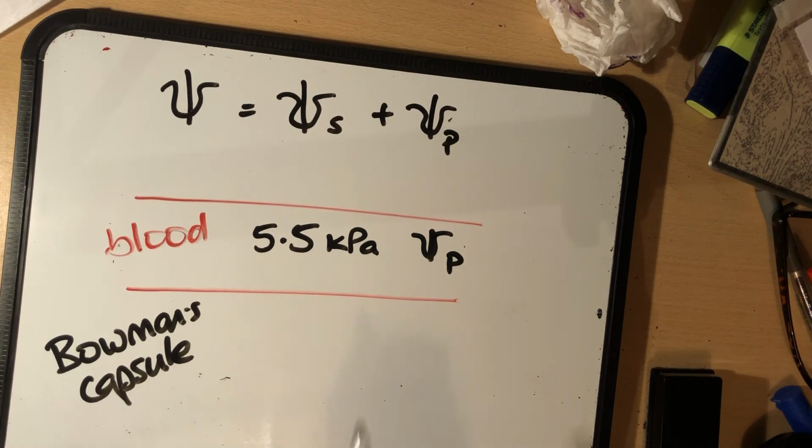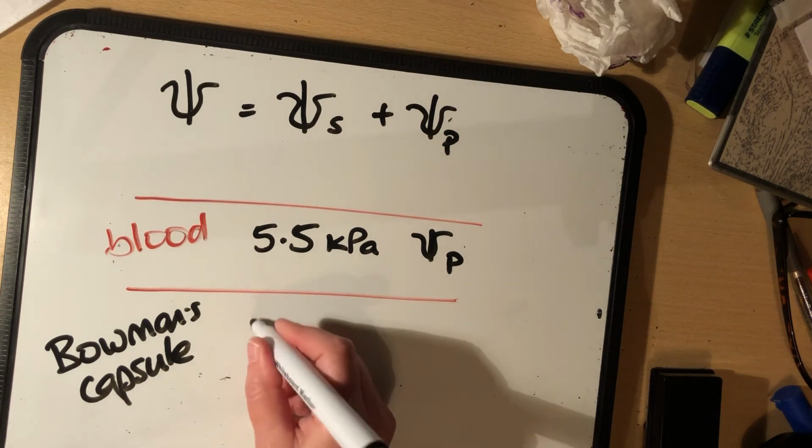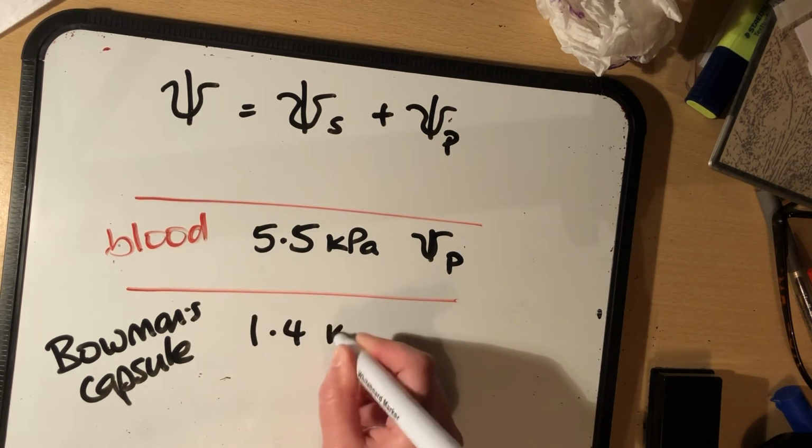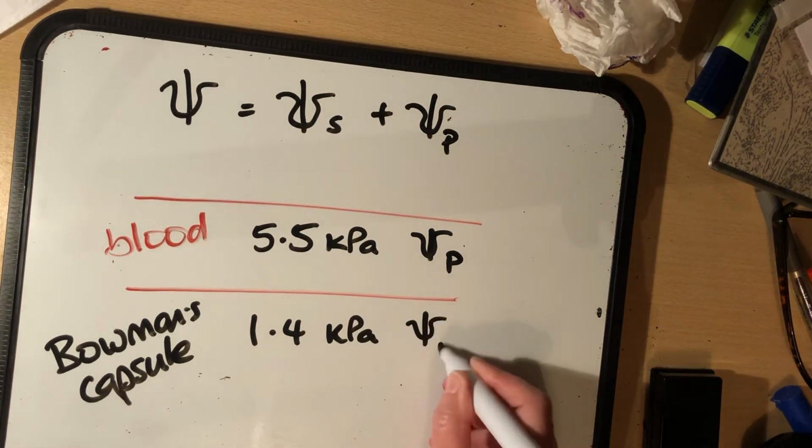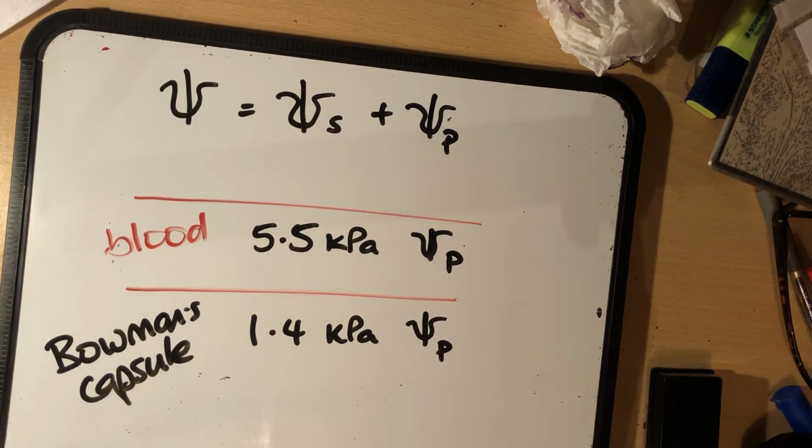It might be about 1. The textbook gives you a figure of 1.4. The figures are for illustration only. You're not expected to learn or quote any figures. If there was a question about it, they would give you the figures and ask you to work it out. So much higher pressure in the blood than in the Bowman's capsule.